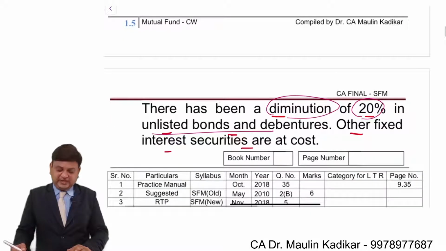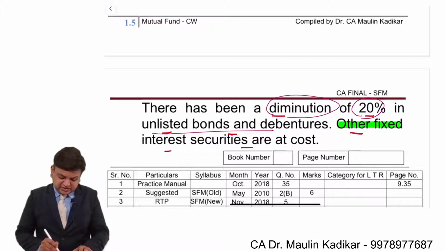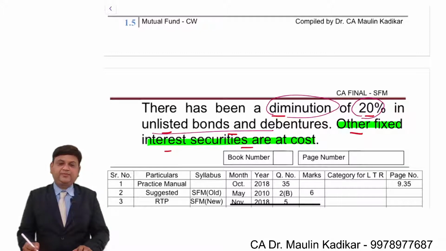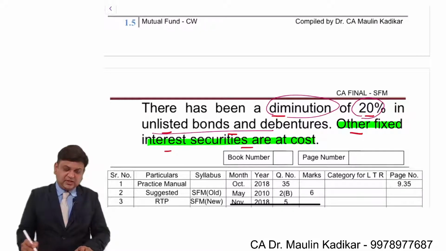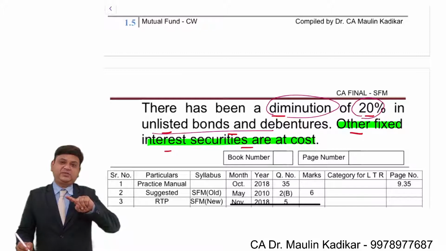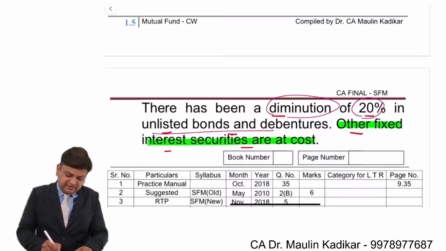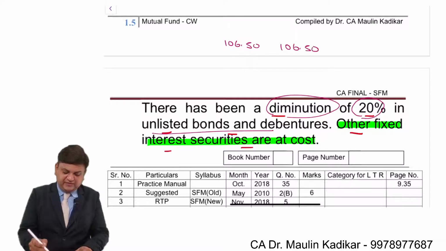Later on, they have provided that other fixed interest securities are at cost. So over here, the institute has made an assumption that we must have purchased the security at 106.5 and the current price is also 106.5.